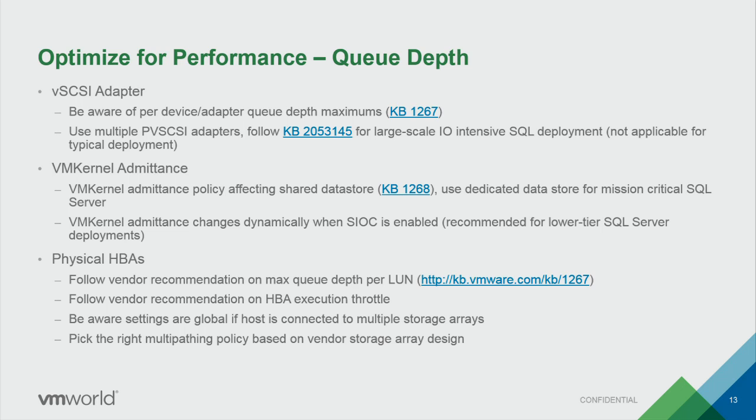Typically, there are defaults set on the vSCSI adapter. Depending on whether you're using LSI or PVSCSI, there is a QDef defined per LUN. With PVSCSI, the QDef by default with 5.0 and above is 64, and with LSI it is 32. There are also maximums that you can reach per PVSCSI adapter as well as per LSI adapter.